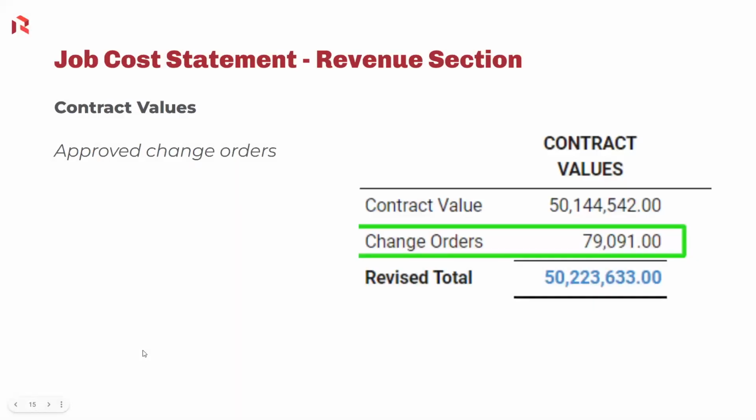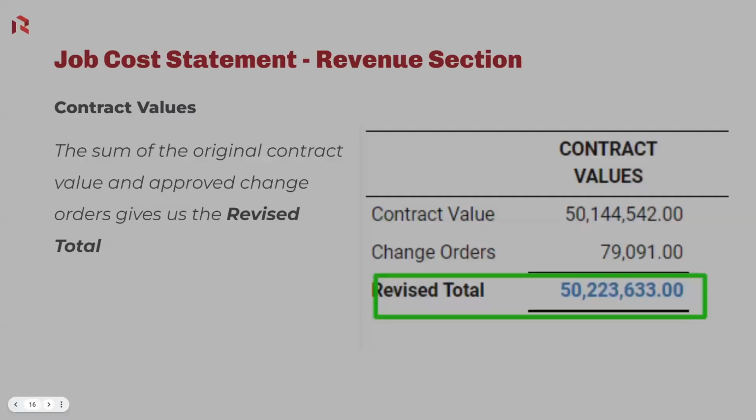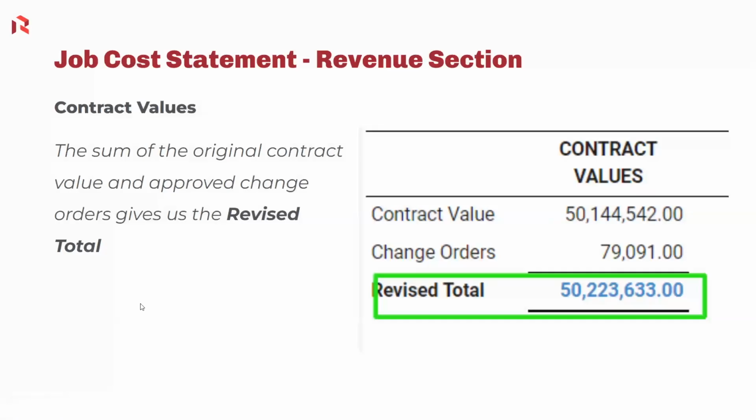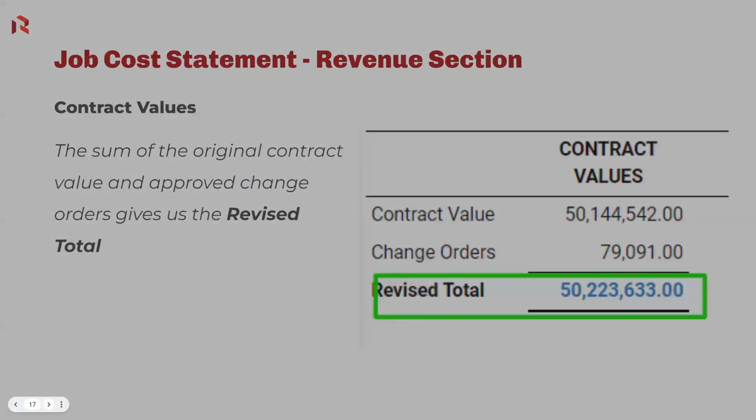After that, we'll add in any additional approved change orders. And when we add those to the original contract and the approved change orders, that's where we get our revised total. And you should be familiar with that from your owner billing, the front page of your owner bill that most of you generate.